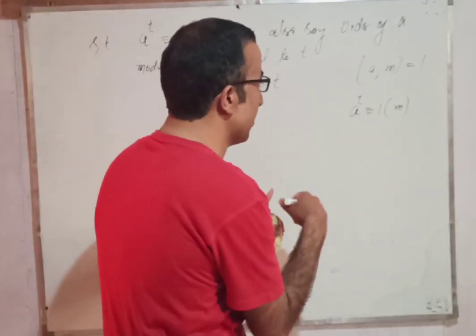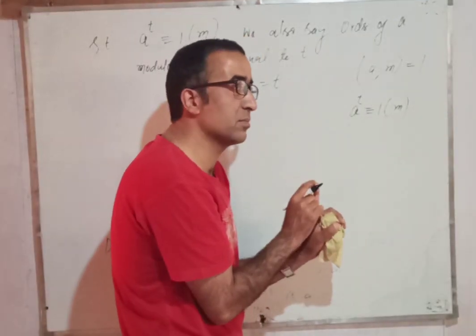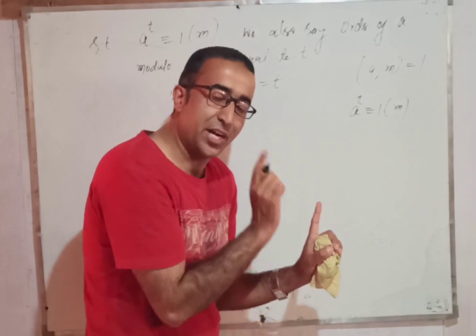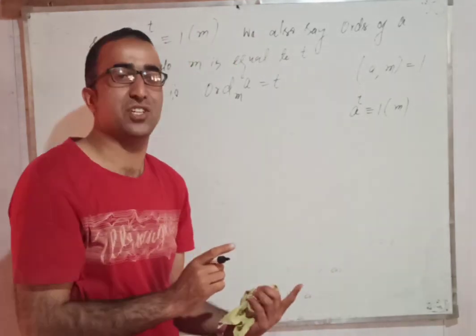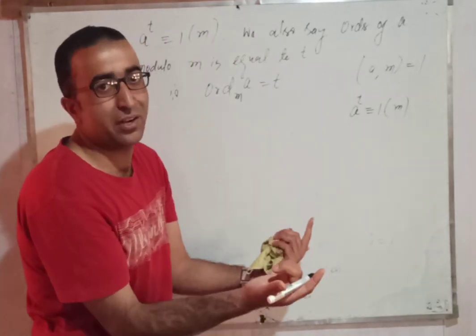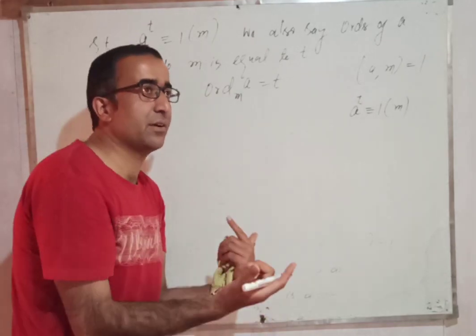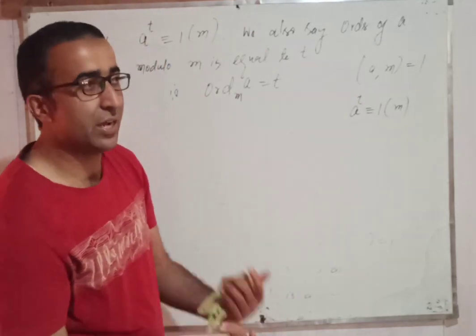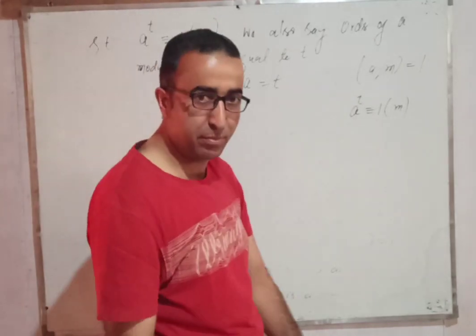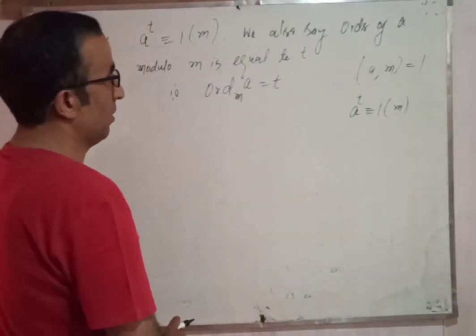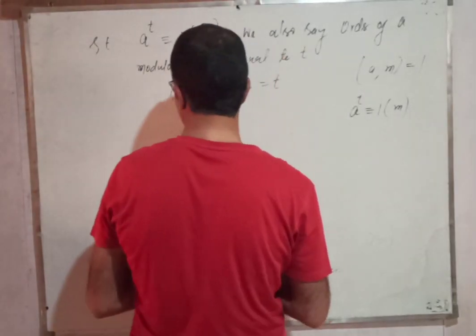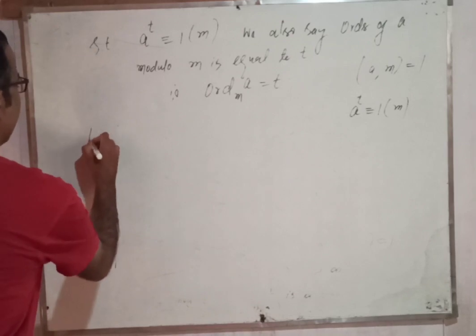Euler's theorem says a power phi of m is 1, but it does not say that phi of m is the least integer. Possibly t can be smaller than phi of m. Or sometimes phi of m is itself the least integer. In that case, in fact, a is also called a primitive root of m. Okay, let us see some examples.